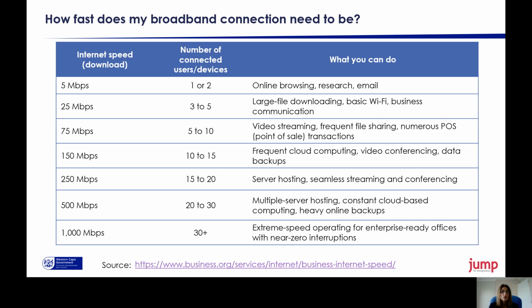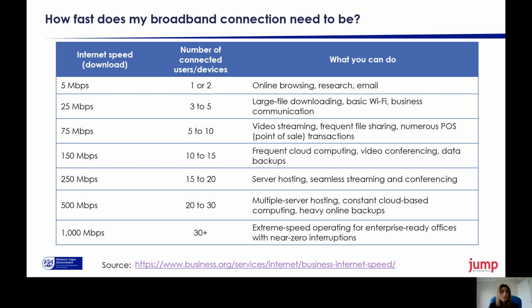So if there are 1 or 2 of you and you're just doing a bit of online browsing and a bit of emails and a tiny bit of research, maybe 5 megabits per second will work for you. But if you're 5 to 10 people, you're doing some video streaming, you're sharing files quite frequently, there's a lot of point of sale transactions, you potentially should be looking at around 75 megabits per second.